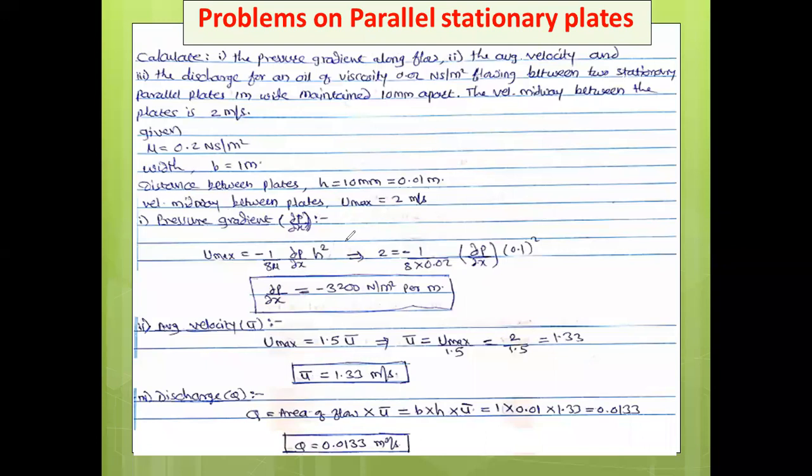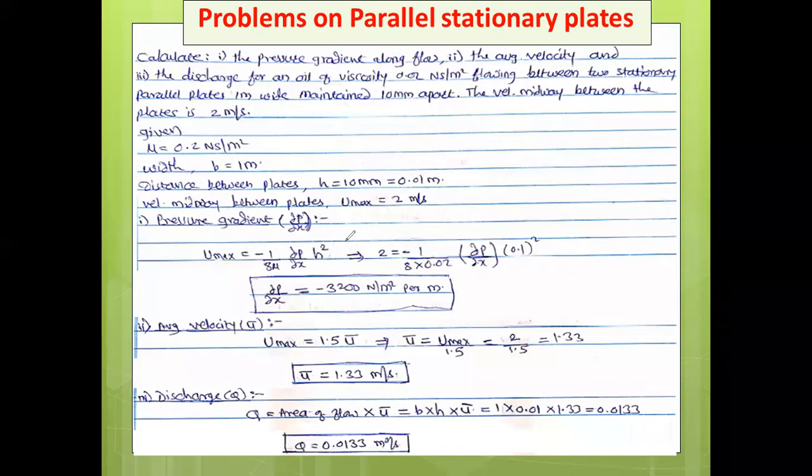Next task is to find the discharge. Discharge is nothing but average velocity multiplied by cross-sectional area. What is the area of flow? Area of flow is width into height, and then multiplied by U bar, that is the average velocity.